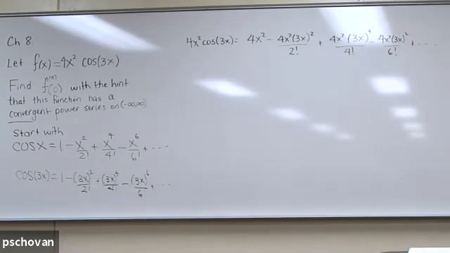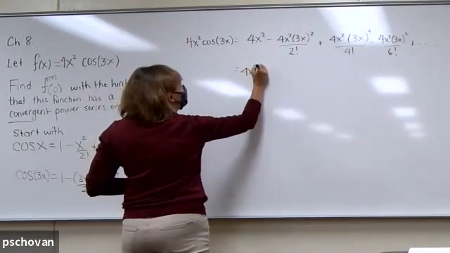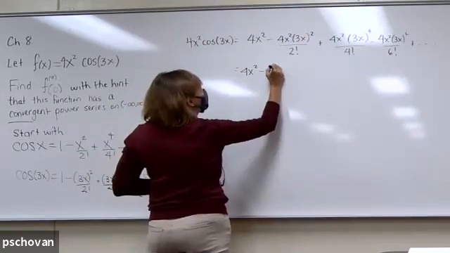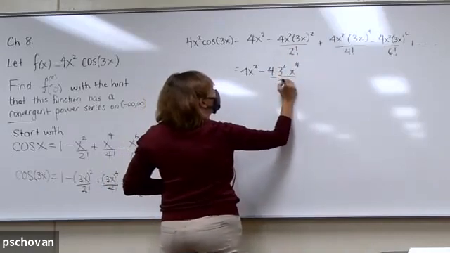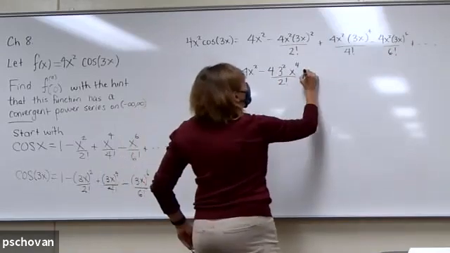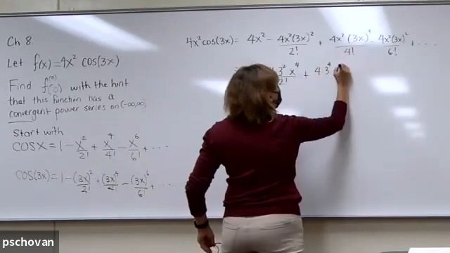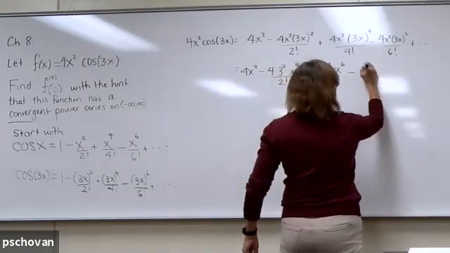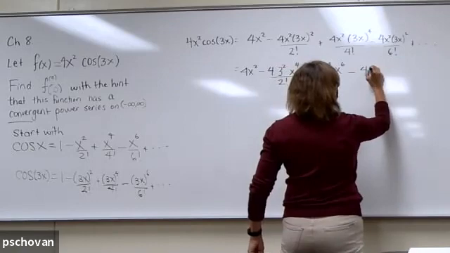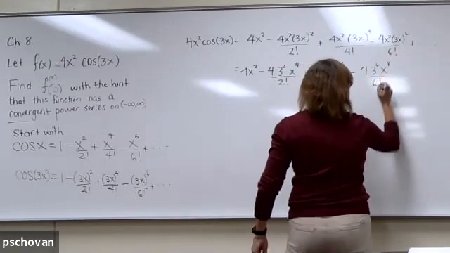Now let me simplify it just a little bit. When you multiply like bases, you add exponents. So I can write this as 4x squared minus 4 times 3 squared, x to the 4th over 2 factorial plus 4 times 3 to the 4th, x to the 6th over 4 factorial minus 4 times 3 to the 6th, x to the 8th over 6 factorial. I think I'm going to need one more.